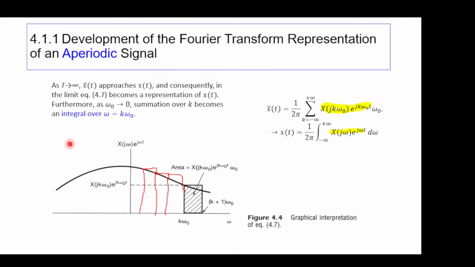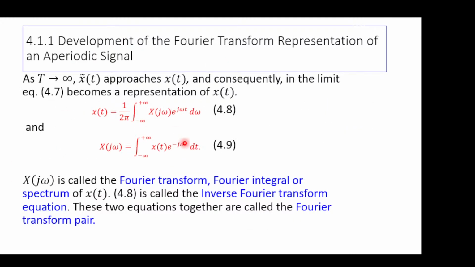We derived that as T goes to infinity, x of t can be written as this integration of X of j omega with e to j omega t. And big X is called the Fourier transform or Fourier integral, the spectrum of your x of t. Of the two equations, one is called the inverse, one is called the Fourier transform.